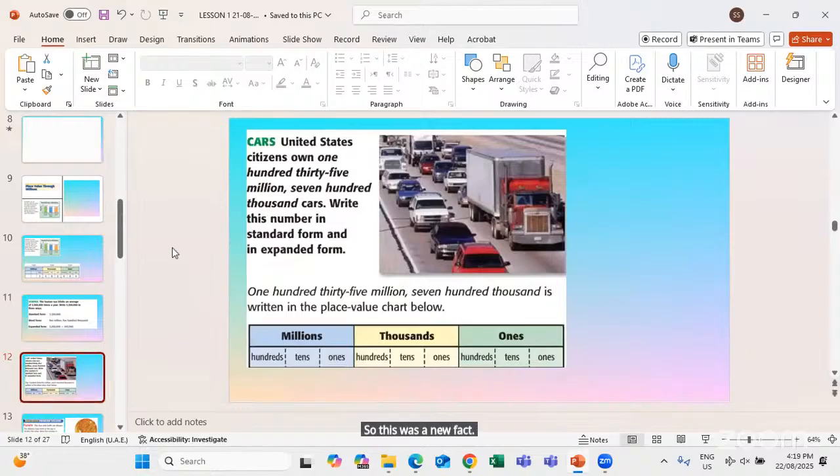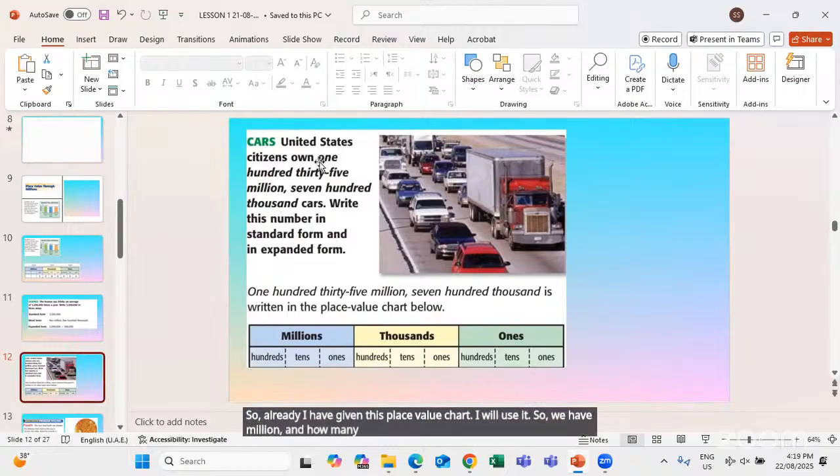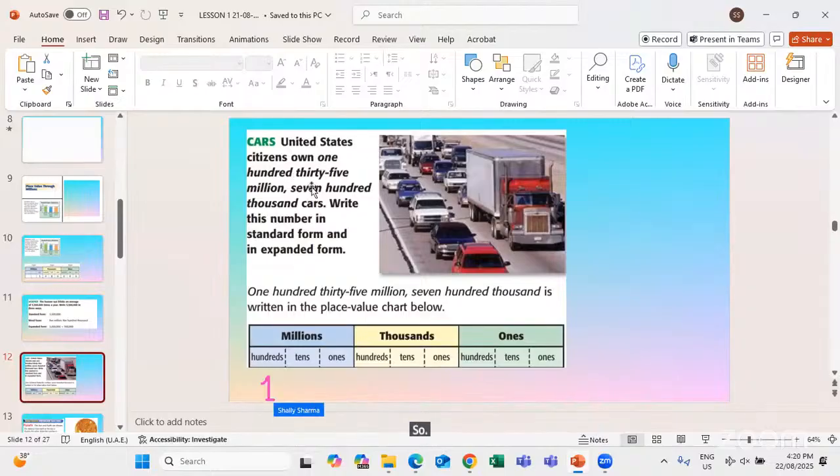Then we have this next question. United States citizens own 135,700,000 cars. Write this number in standard form and expanded form. So I have already given this place value chart. I will use it. So we have millions, and how many millions are there? 135 millions.